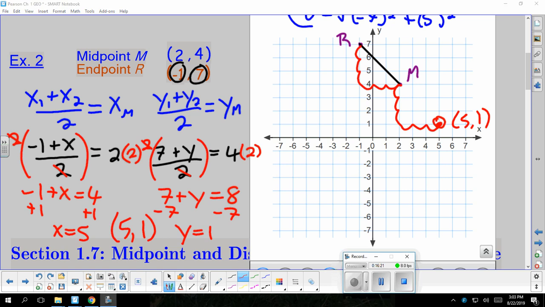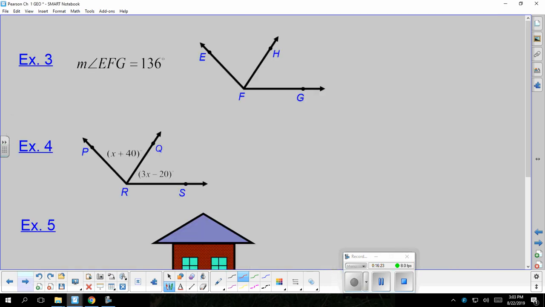And these are a couple of additional parts of this that link back to the idea of angle bisectors that we spoke about in 1.6. So I wanted to give you a couple of problems on those as well. We have the measure of EFG is 136. So I would trace that. That whole thing is 136.